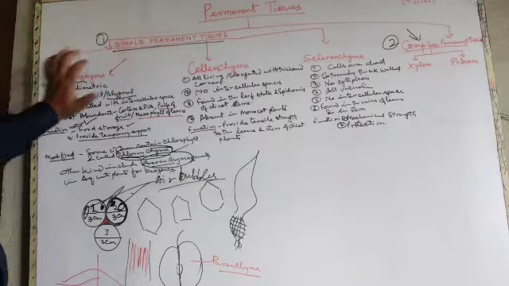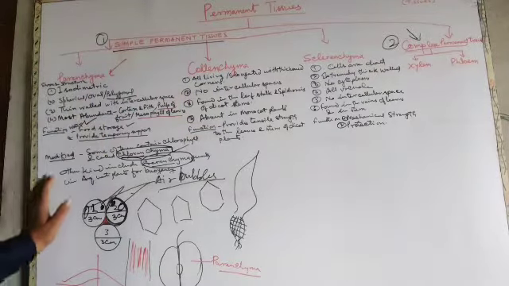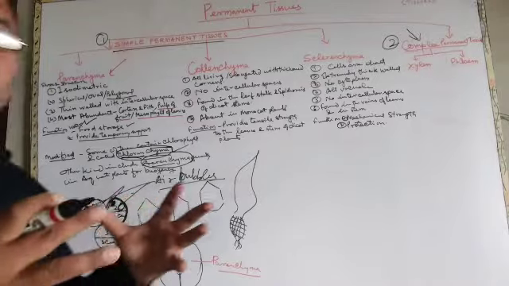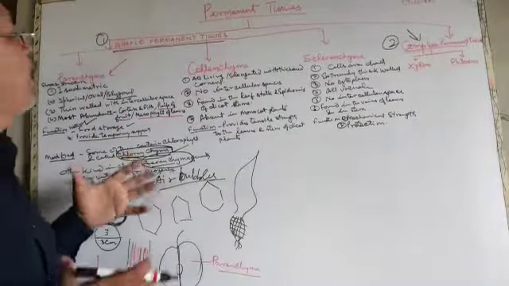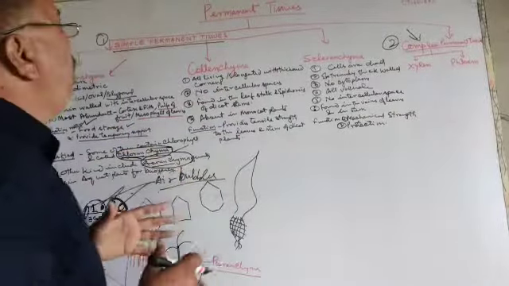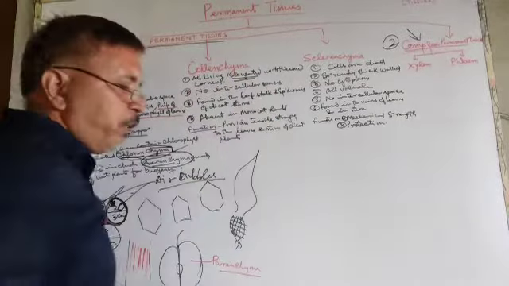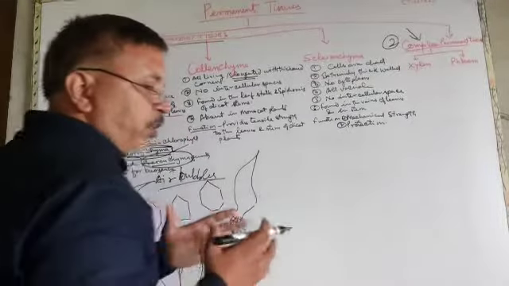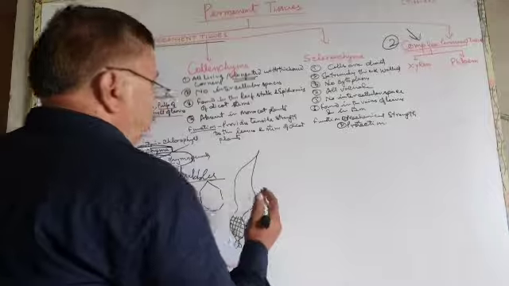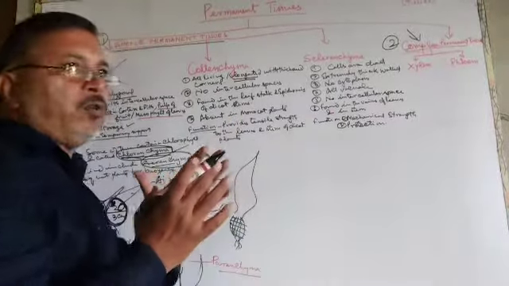The second kind of simple permanent tissue is a little bit developed from this, right? Now what happens, these cells, because of increased number due to growth and development, their shape slightly changes, they become elongated. Elongated means their height or length is more, you can say rectangular shape.